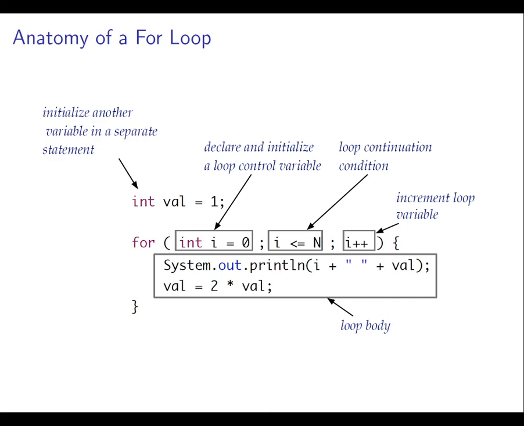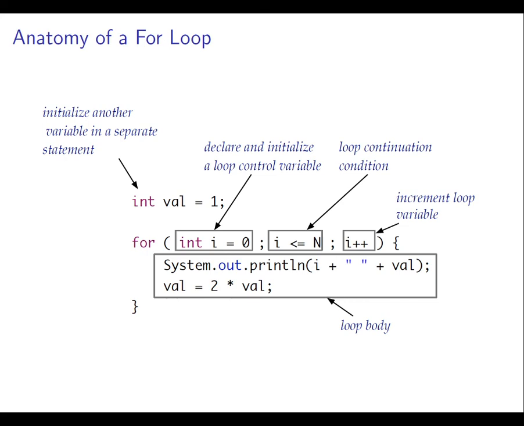Okay. And then our increment loop variable, and this is extremely typical, is just going to go i++, in other words, add 1 to the current value of i. The loop body is just our two statements. We're going to print out the current value of i, the loop control variable, and also val.